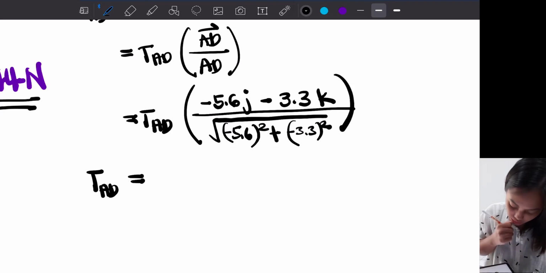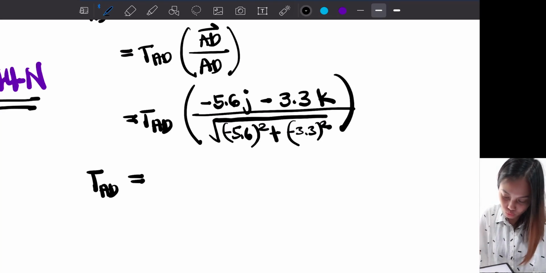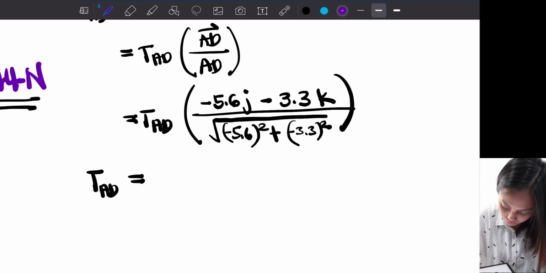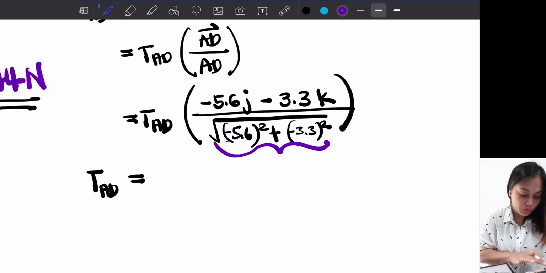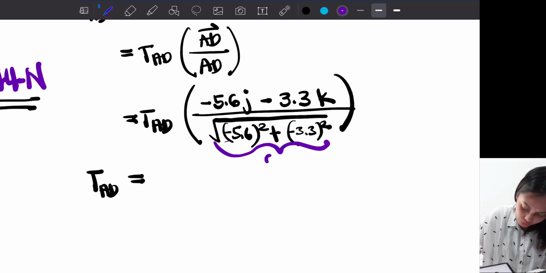Therefore, TAD is equal to the square root of 5.6 squared plus 3.3 squared, 6.5.